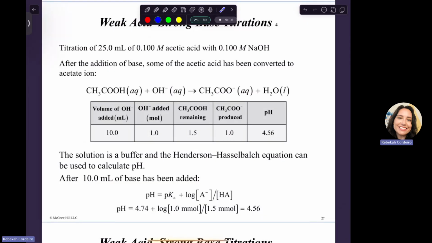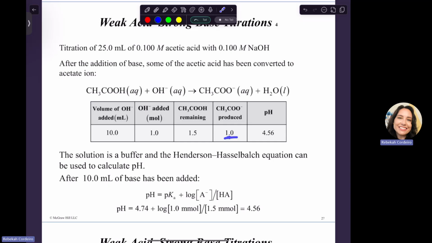What if we titrate 10 milliliters? So let's just say we add 10 milliliters. We want to know what's the pH after 10 milliliters. So we put our 10 milliliters of sodium hydroxide in there. That would be 1 mole with this molarity. We would do an add, change, after type of situation.